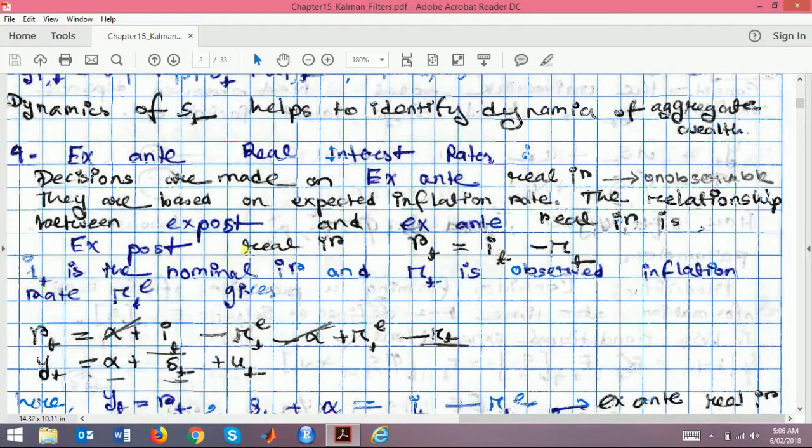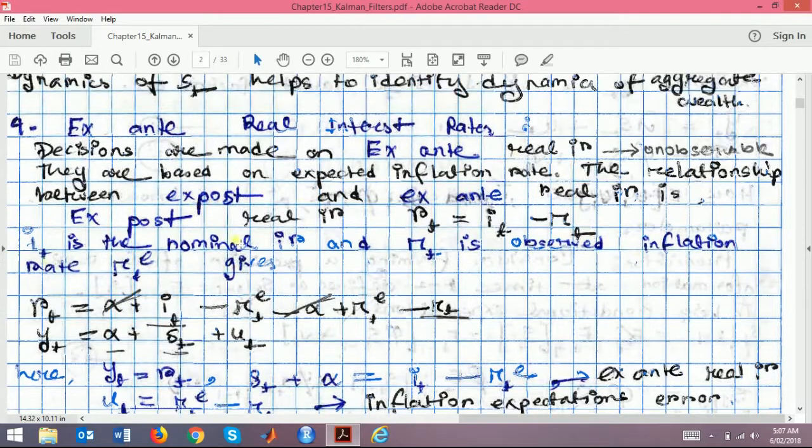I_t is the nominal interest rate and pi_t is the observed inflation rate. When you take the expected inflation rate, which is not observed yet but assumed, that is ex ante. When you take the inflation rate that is observed and realized now, it is no more an assumption; that is ex post.